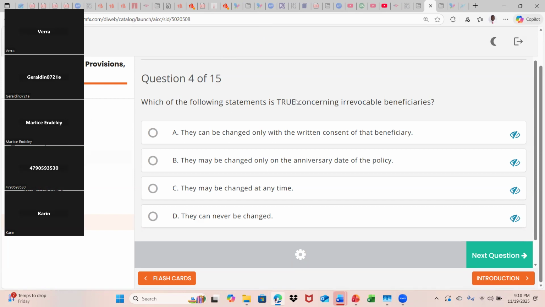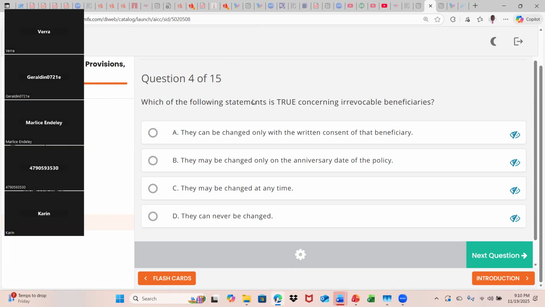So can you go ahead and read the question? Which of the following statements is true concerning irrevocable beneficiaries? A, they can be changed only with the written consent of the beneficiary.